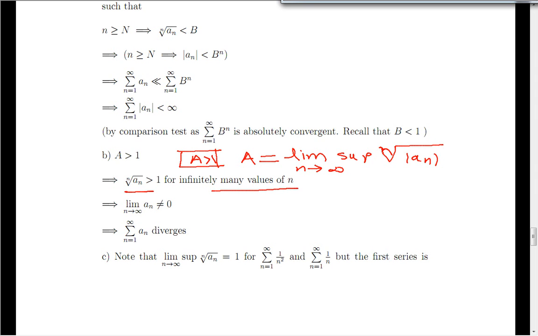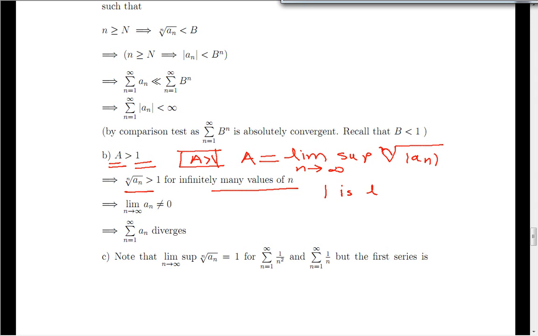We have studied several results on limit superior and inferior, and by using one of the results we can say that as 1 is less than limit superior, there are infinitely many values of n for which nth root of mod a_n is greater than 1.